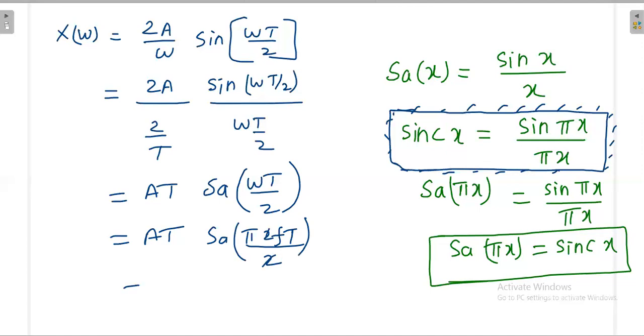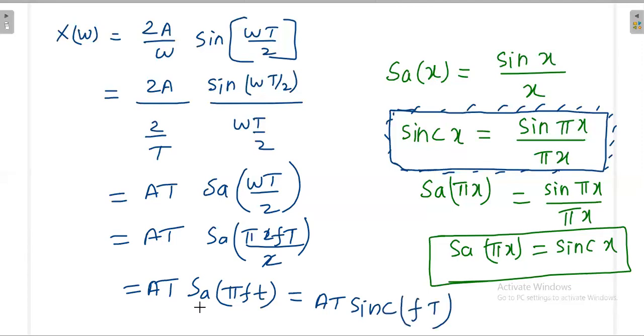Again AT Sa of pi fT, and Sa of pi x is equal to sinc x. So at sinc, you remove that pi term, then you put sinc fT. Very, very important formula. This final result is very important.